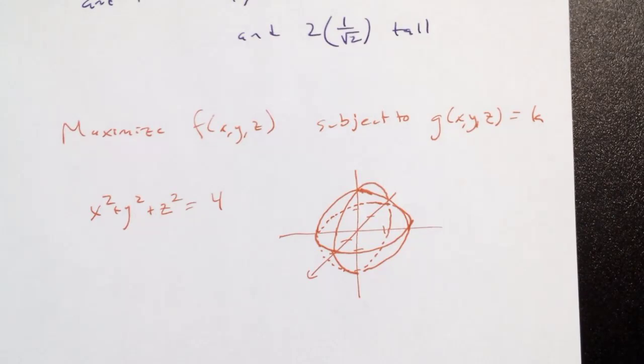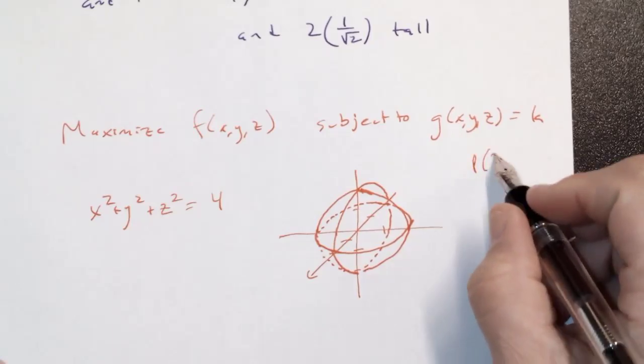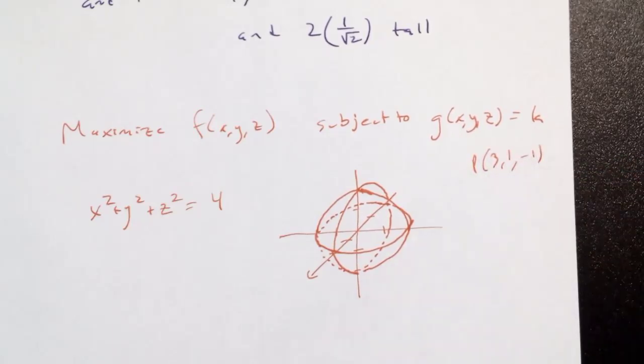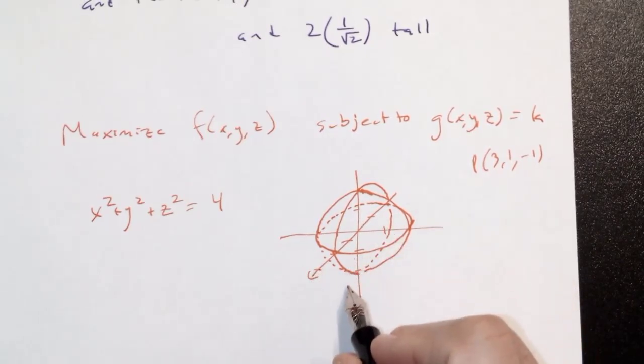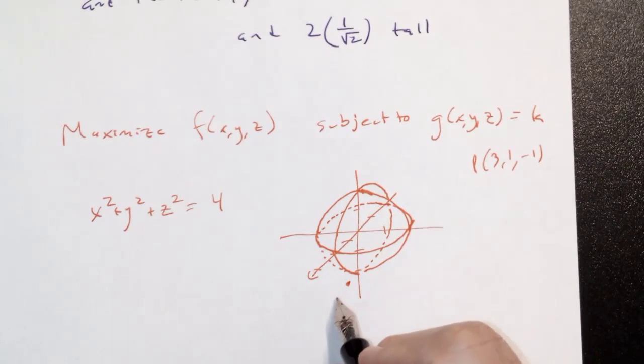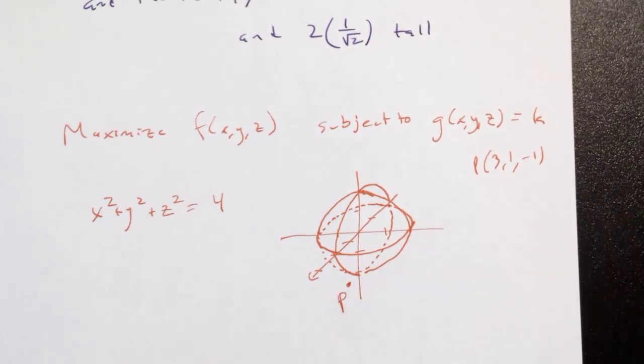And we wanted the point that was nearest or furthest from the point 3, 1, -1. All right, wait a minute. 3 out the x-axis, 1 out the y-axis, 1 unit down. Here's our point P, 3, 1, -1. My sphere of radius 2.